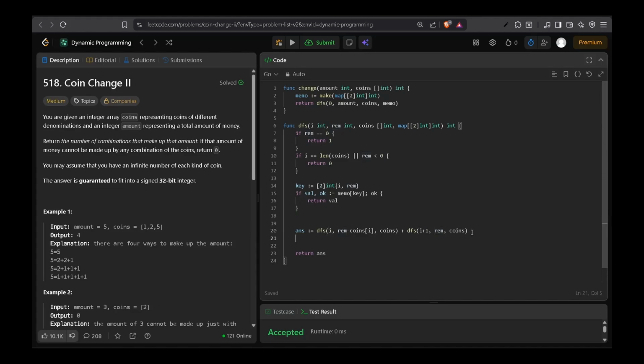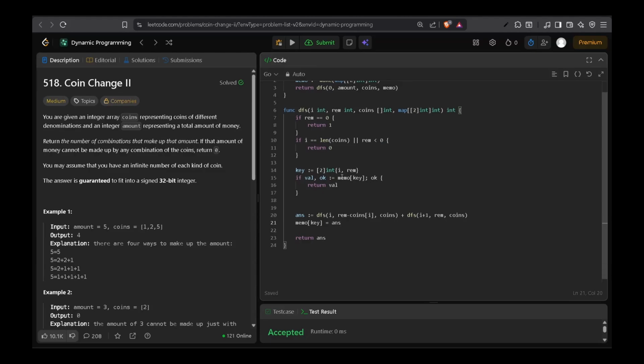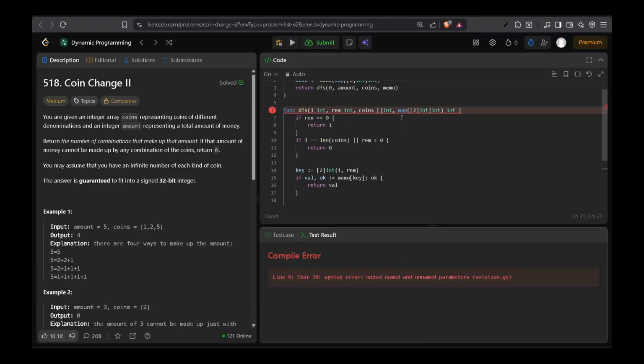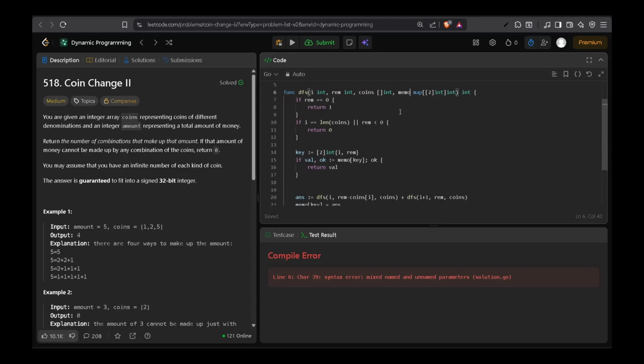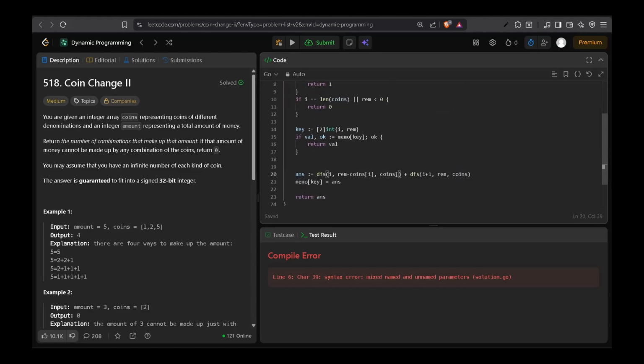Here, memo of key equal to answer. It will be memo here, and we need to pass memo now.